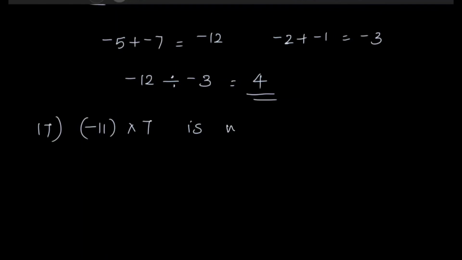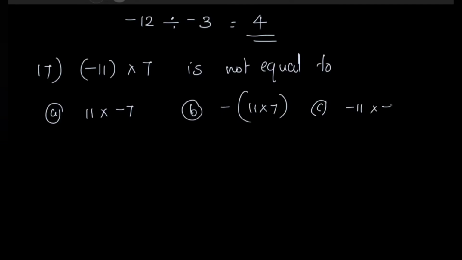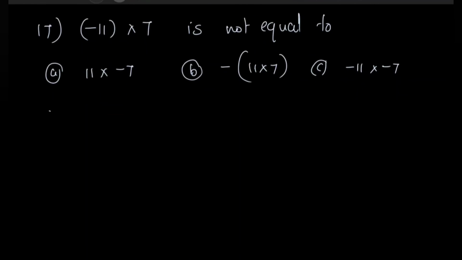Next is our 17th question: -11 into 7 is not equal to, and the options are given: option A, 11 into -7; option B, negative of 11 into 7; option C, -11 into -7; and option D, 7 into -11.